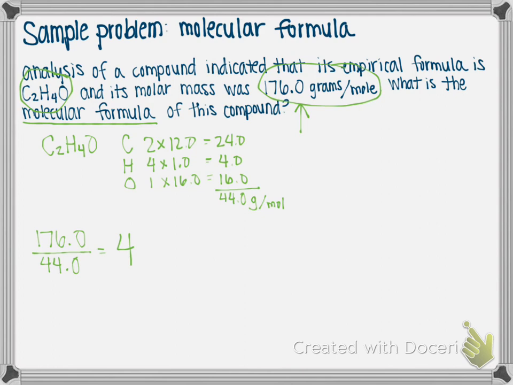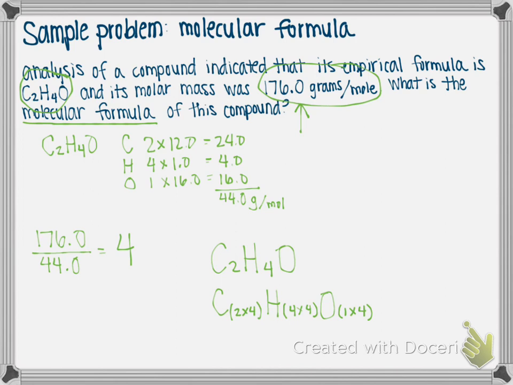So if your empirical is C2H4O, your molecular is going to be C, and it's going to be 2 times 4, H, 4 times 4, O, 1 times 4. And you don't ever have to write it out like this. I'm just showing you how we're going to get those numbers.